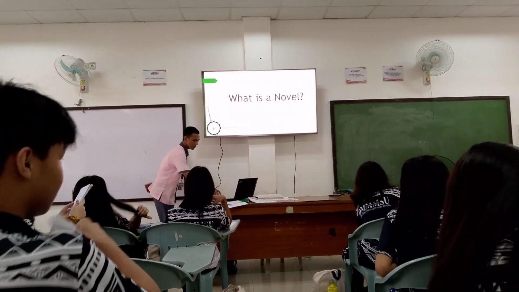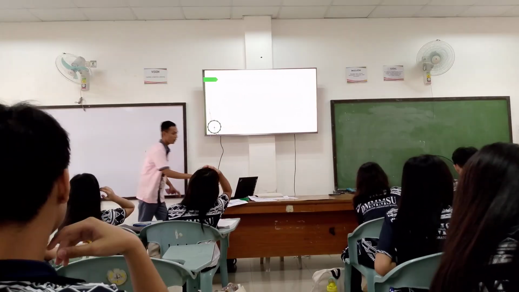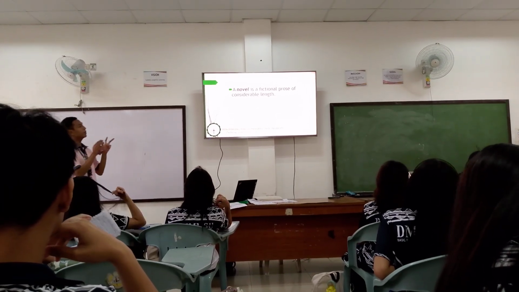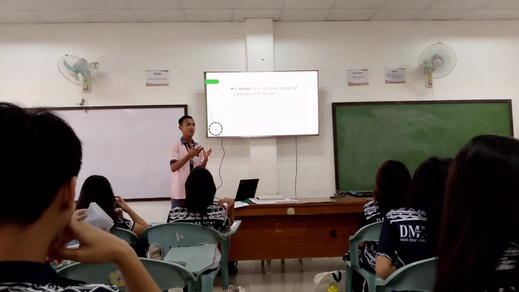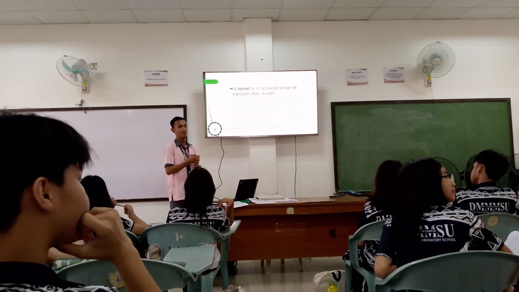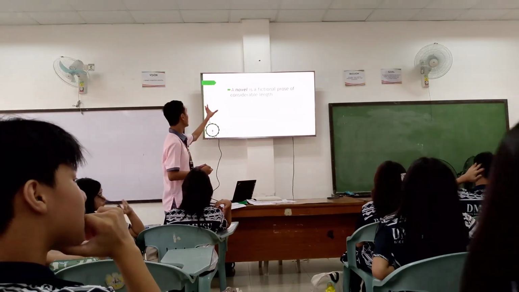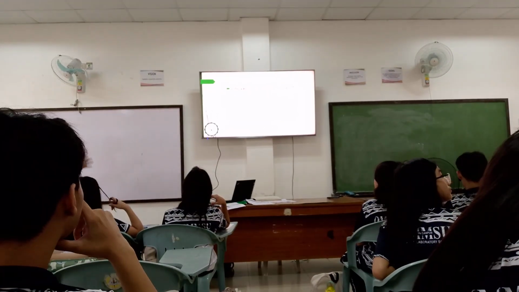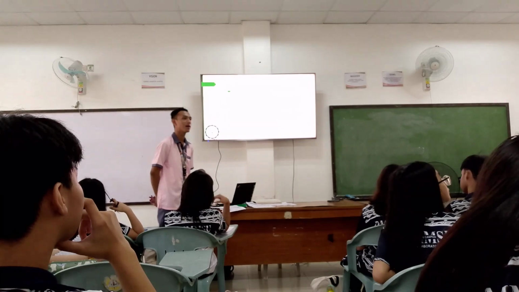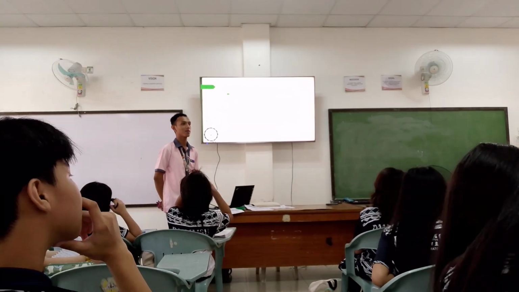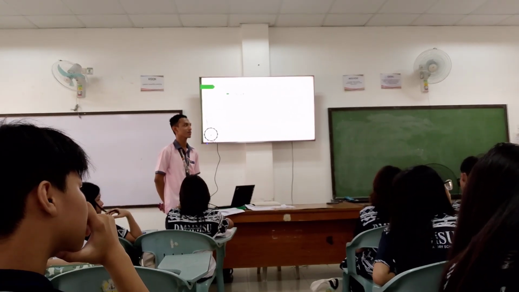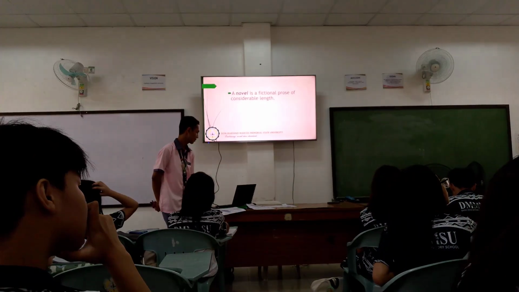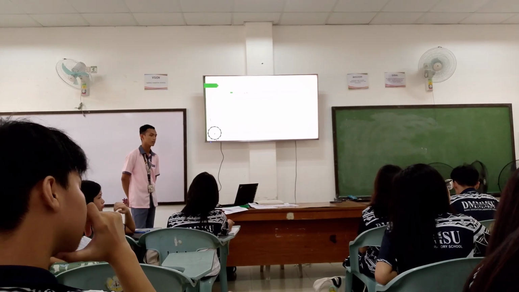So, let us define what a novel is. When we say novel, it is fictional prose of considerable length. What do we mean by that? Kindly explain when we say a novel has a considerable length. A novel is made out of chapters, based on the imagination of the author.